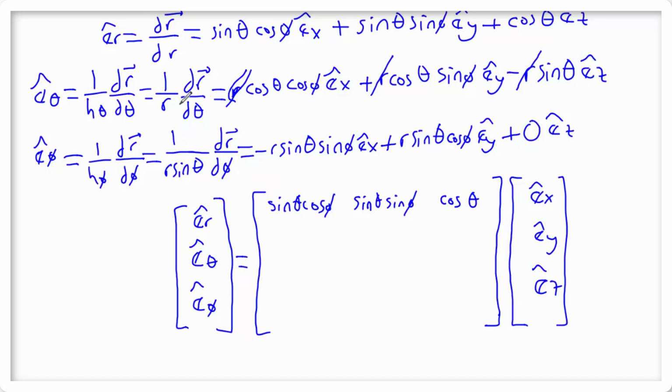Then I come to e theta. We look at who multiplies by whom. Here the r's were simplified, then cos theta cos phi multiplied by ex. So I wrote cos phi with cos theta here. Then cos theta is multiplied by sine phi ey. Then we look at the multiplication by ez. You know the third elements. I wrote here minus sine theta.